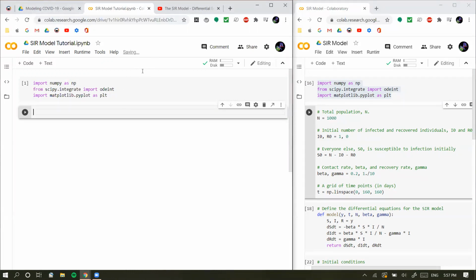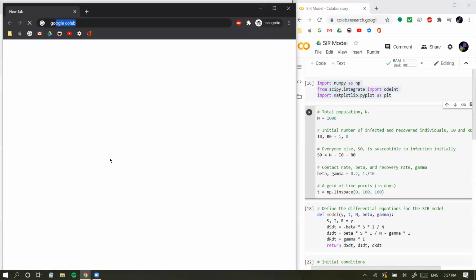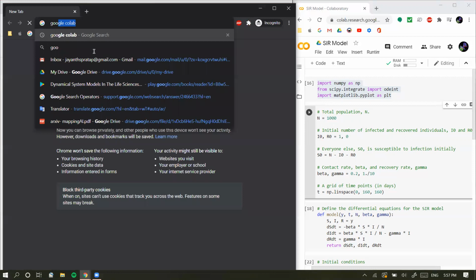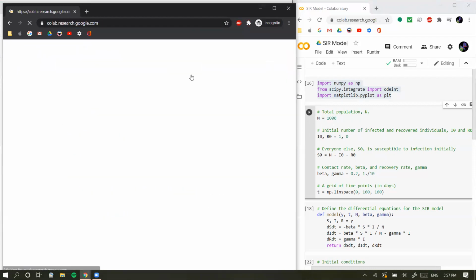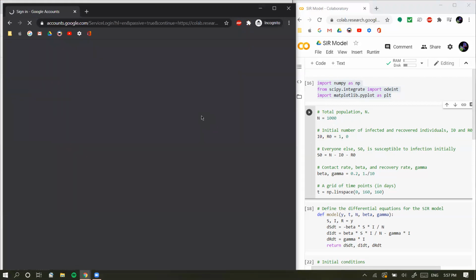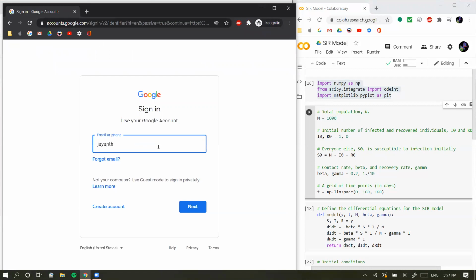How do you make your own Python notebook? Let me see. Because I couldn't really do it. Okay, sign in.